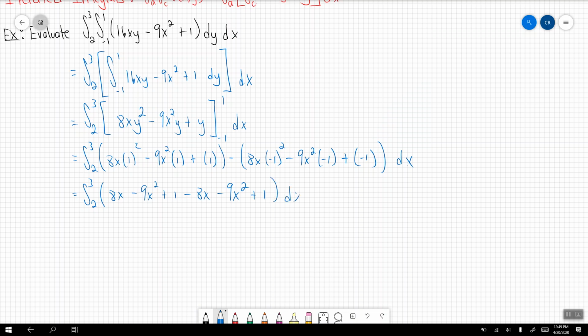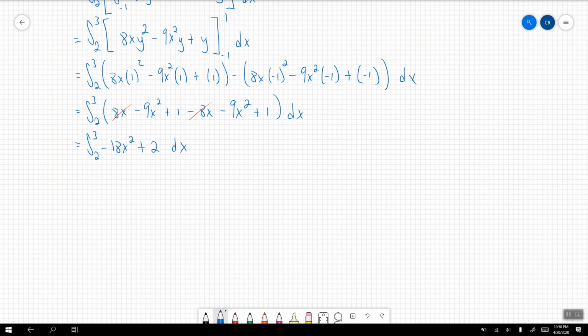There we are. And that's all dx. We're left with the integral from 2 to 3. Let's see now. 8x cancels out with 8x, and then we're going to be left with negative 18x squared plus 2. And that's dx.